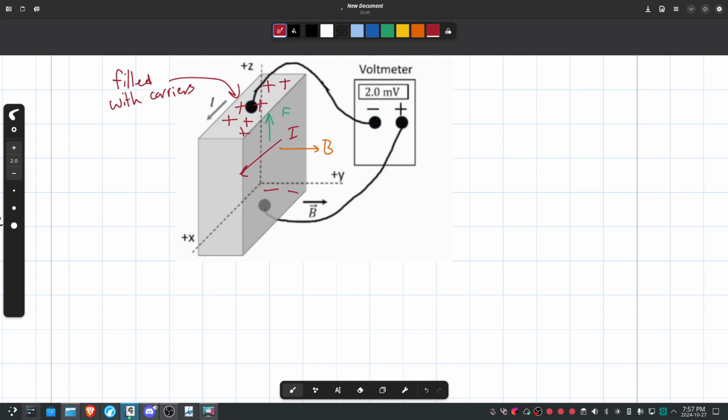This will have a negative voltage relative to the top of it, right? And so if we hooked it up like this voltmeter, remember how voltmeters work, it expects the negative terminus to be lower than the positive terminus. If it isn't, it will output a negative value. In this case, it isn't, therefore, we're going to get some negative voltage.